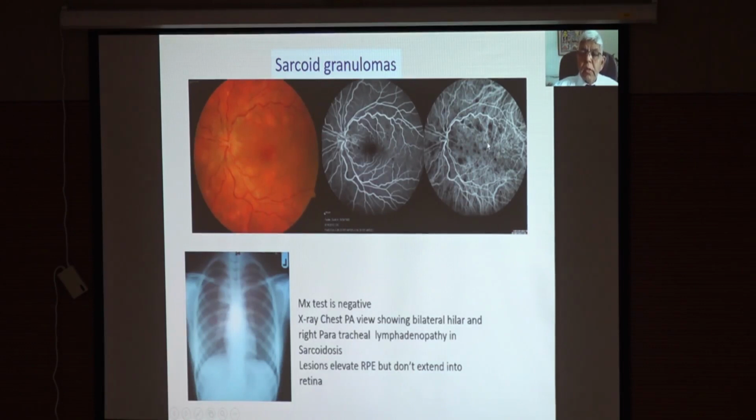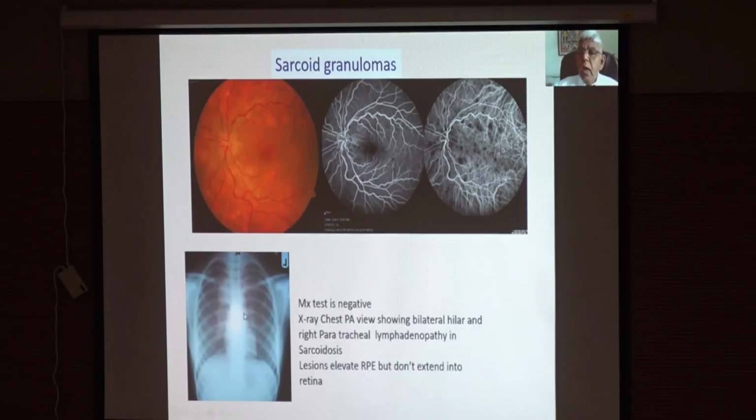When you do a Mantoux test, this would be negative by and large in these patients. And in our experience, this is the biggest differentiator between a sarcoid and a TB parietal granuloma. If you do a Mantoux, it will be negative in sarcoid granuloma. It will be positive in TB uveitis, but occasionally in very overwhelming disseminated tuberculosis, the Mantoux may be negative.